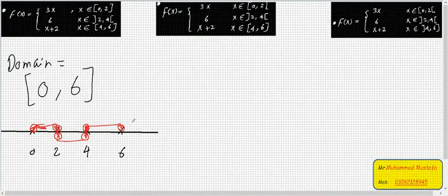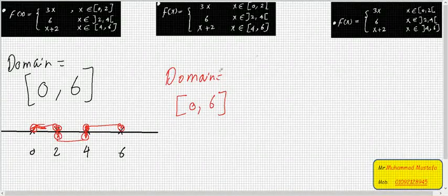Let's talk about the second, f of x, 3x. Here, all real numbers from 0 to 6, domain equals 0 to 6. Look about here, 2 is open and here also open, but 4 doesn't belong to the domain here and belongs to the domain there.